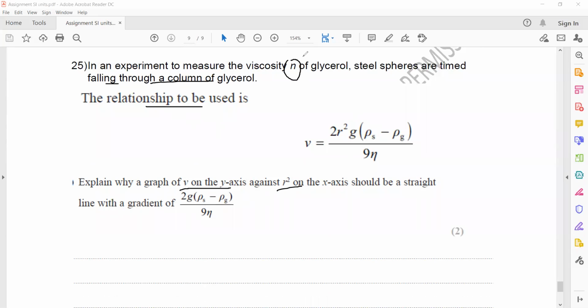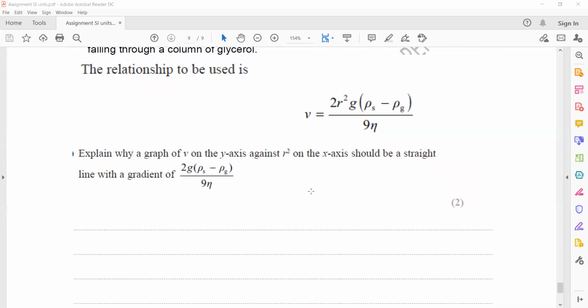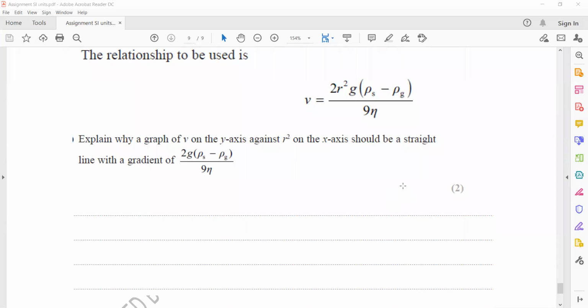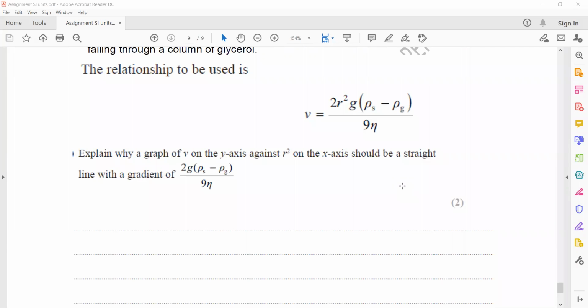Whenever we want to show a straight line which is passing through the origin, the y-intercept will be 0. So we have the equation y is equal to mx plus c. On the y-axis I have v, on the x-axis I have r square.